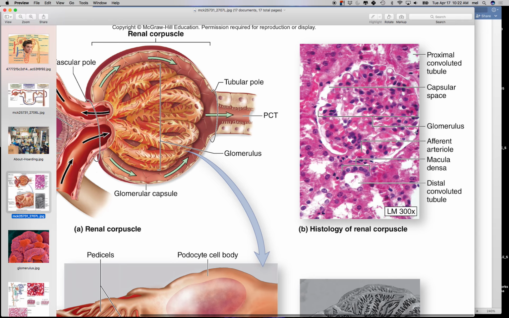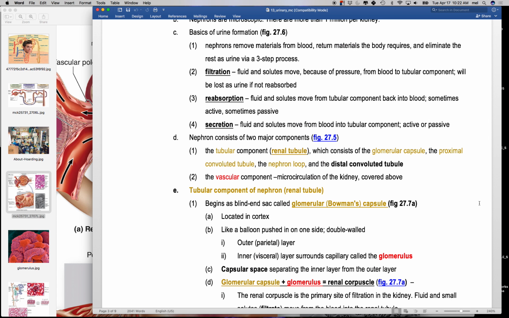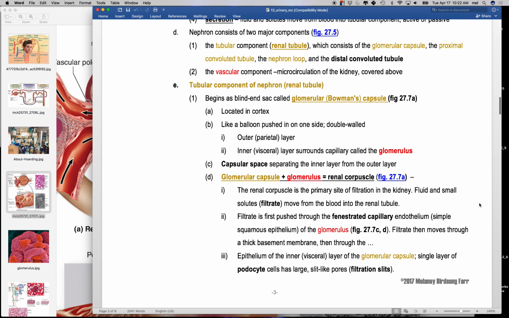It's just this little ball that's got a white space around it. This is where the urine would be. It's actually not called urine until later for those of you who do physiology, but nobody cares in anatomy right now. The space is going to be where you would first collect anything that ended up in the urine.